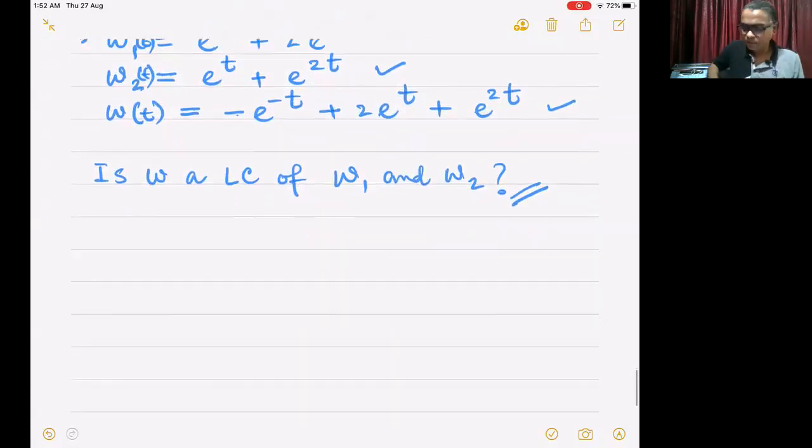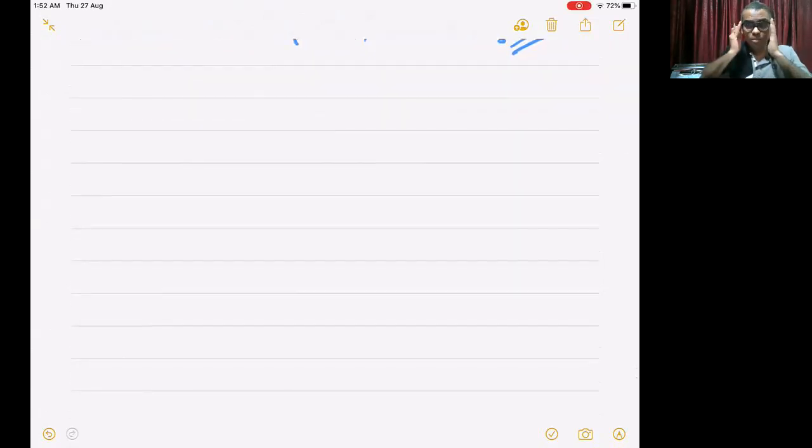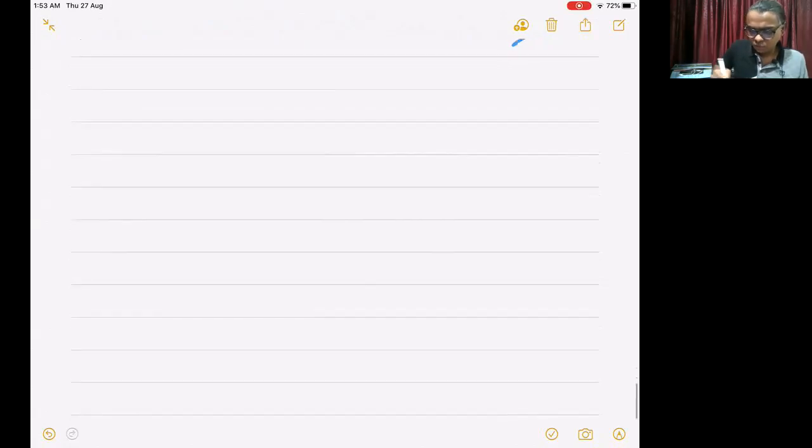So once again, remember what we are looking for is the set of properties that would let us define this linear combination stuff, so that we can pose at least questions like, is something a linear combination of something? Let us look closely at what is meant by linear combination.